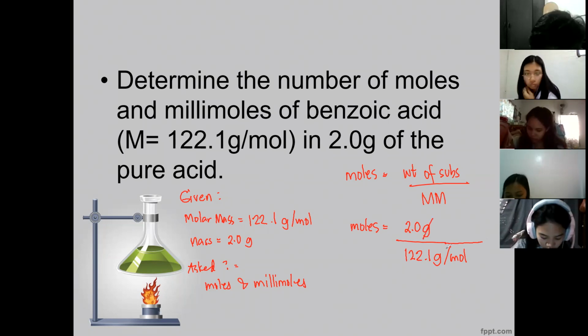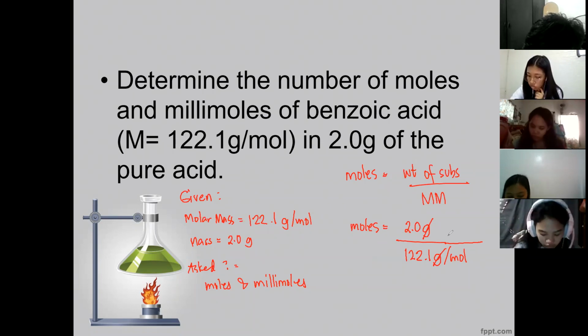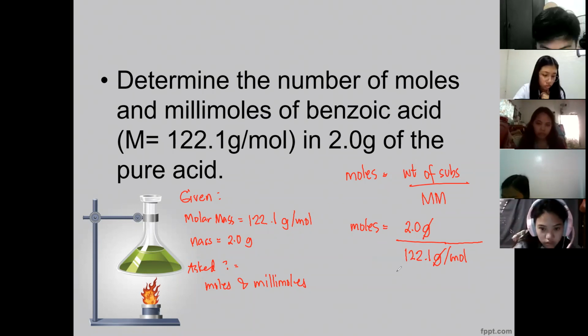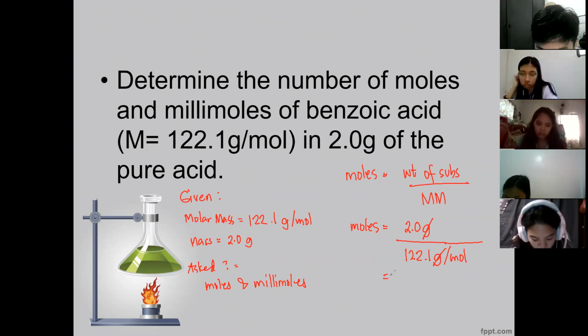Take note that we can cancel the grams and that we will be left with the unit moles. Although per mole yan siya dyan sa ilalim, when we divide it, we will actually get the reciprocal. So, hindi per mole yung kanyang unit. Instead, moles talaga. So, 2.0 divided by 122.1 grams is how much?